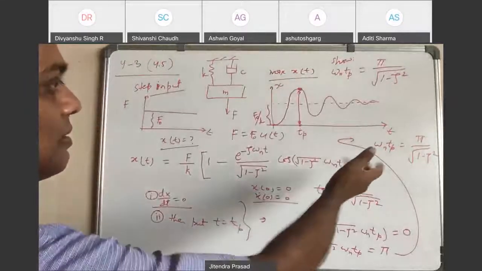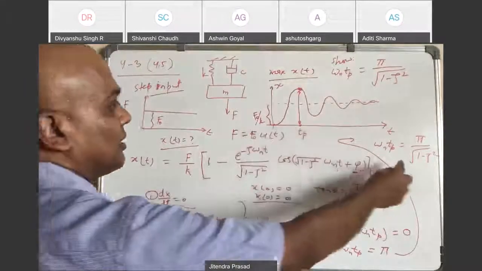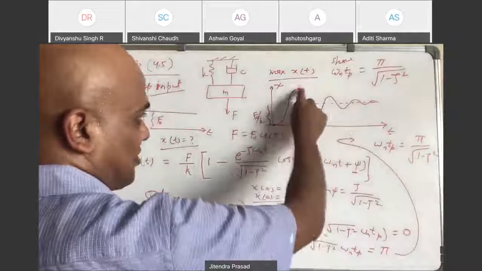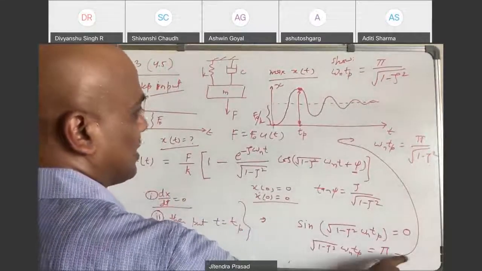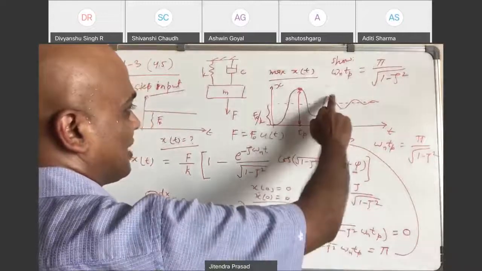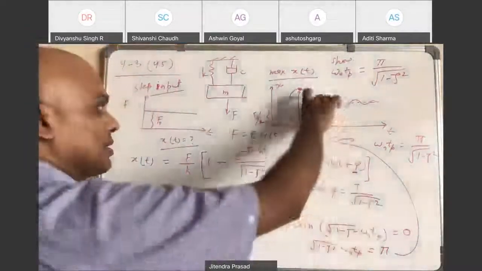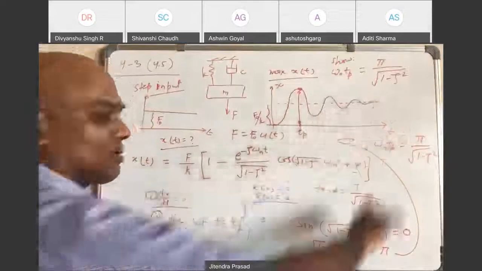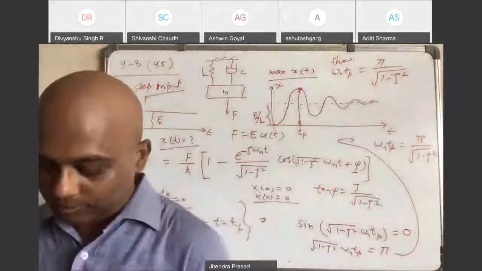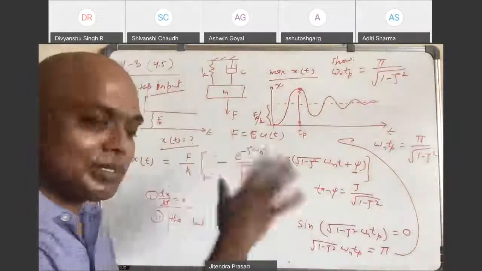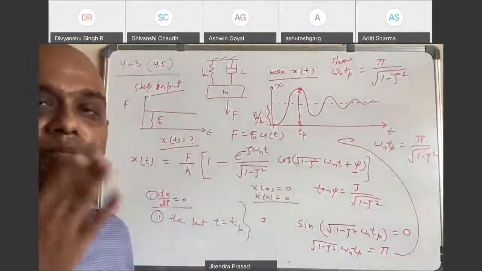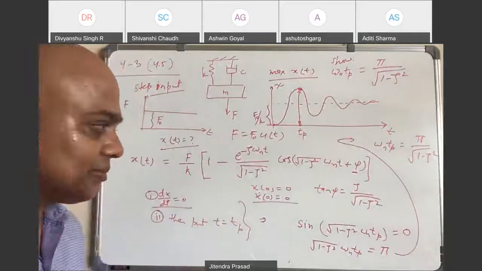So hence the value has to be equal to pi only, not 0, not 2 pi, because if you put 2 pi, it gets smaller and smaller. Any question, guys? Did you understand? Let me know if you have any confusion.